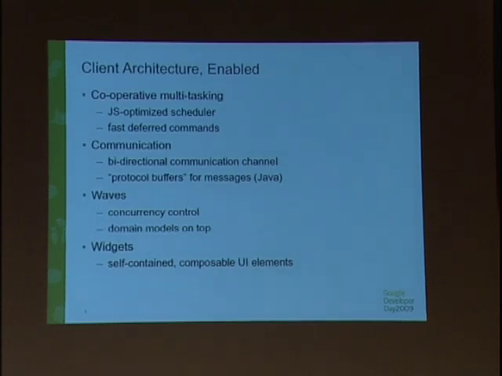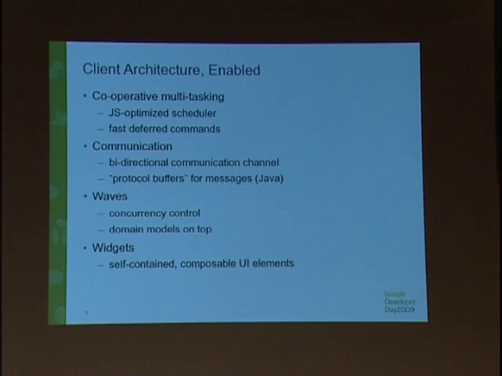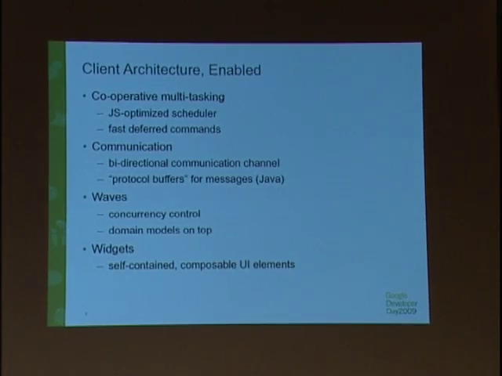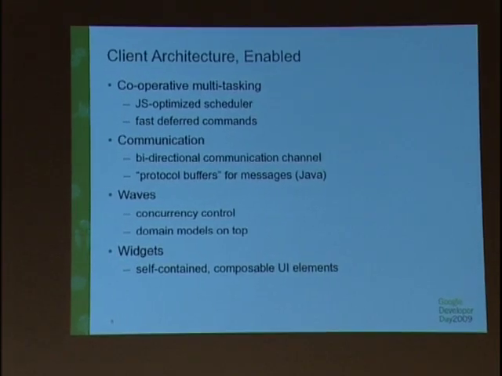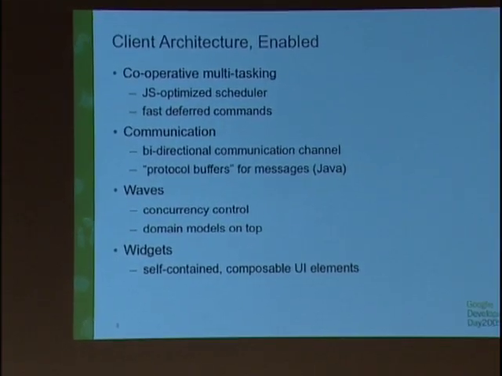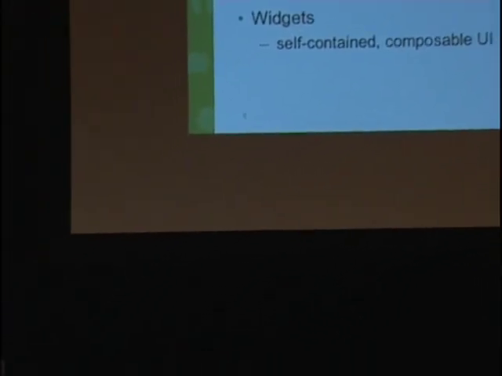I talked about how GWT lets you share code on the client and server. And this is fundamental to our communication infrastructure in the Wave client. The client and the server communicate in just plain messages, and these are JSON strings. The structure of these messages is described by what are called protocol buffers. And this is some technology Google open sourced, I think, earlier this year or late last year.